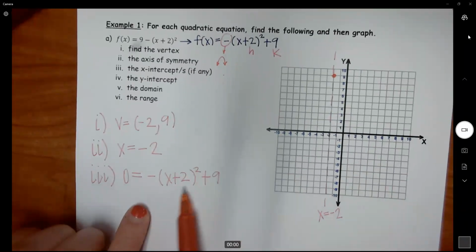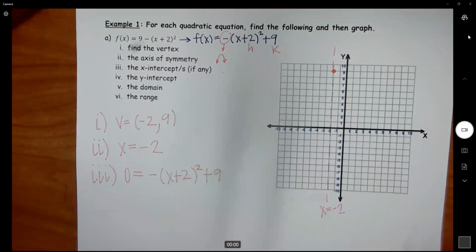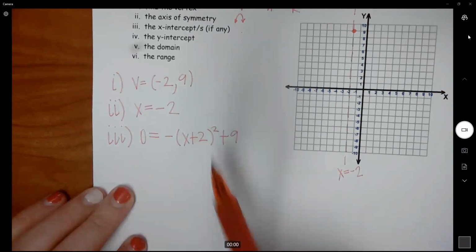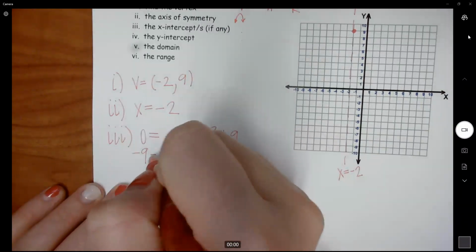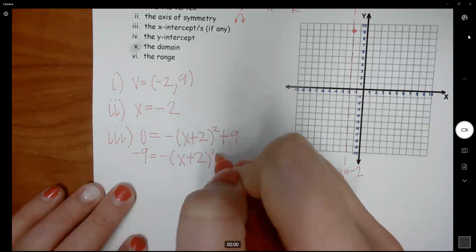Because I have this squared portion here, the easiest thing to do is the square root method, which tells me to get the squared portion by itself. So to do that, I need to move my 9 over, and I'm going to do that by subtracting. So I get -9 equals negative (x plus 2) squared.